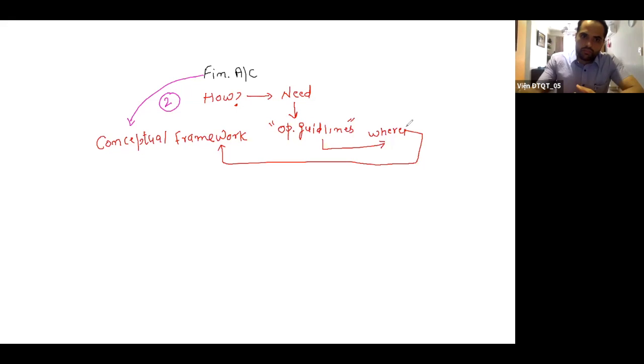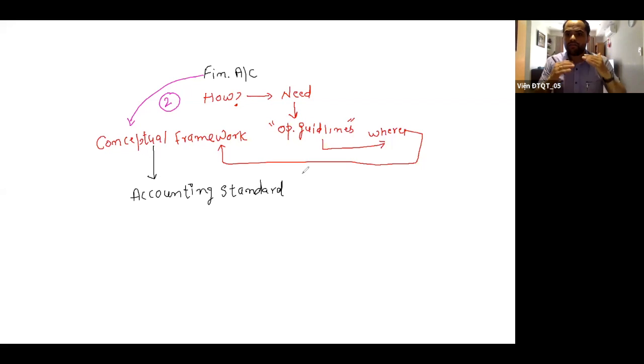So what inside this framework? In this framework, we have accounting standard. Accounting standard. What is accounting standard? It's basically provides us a specific standard we have to follow when we prepare financial statement.